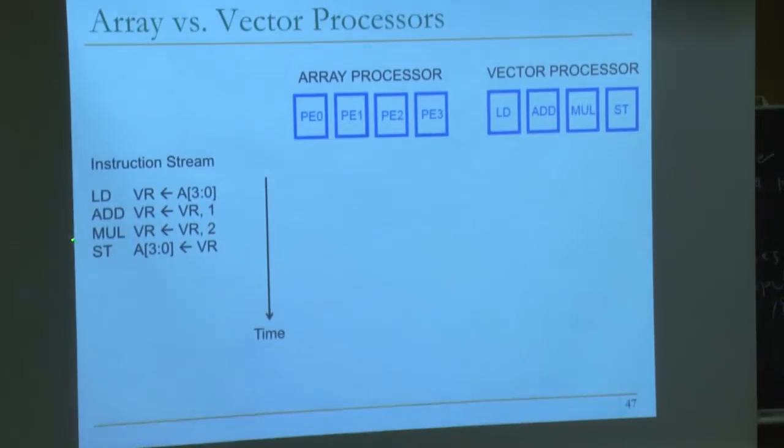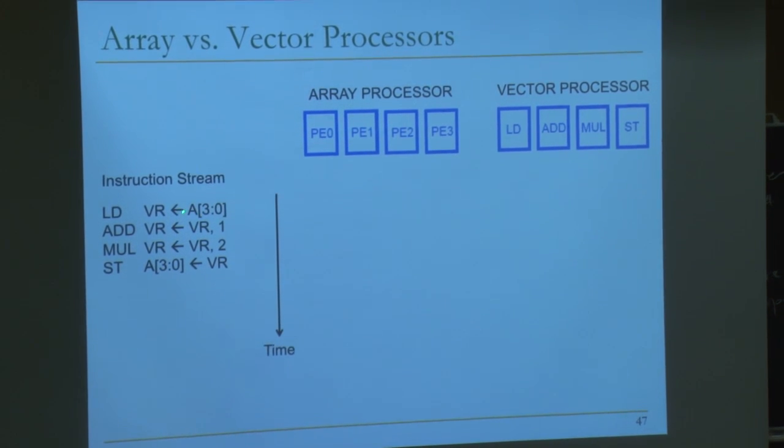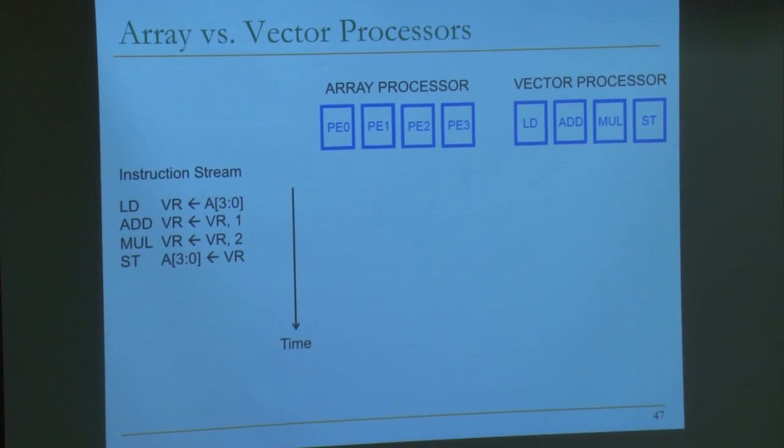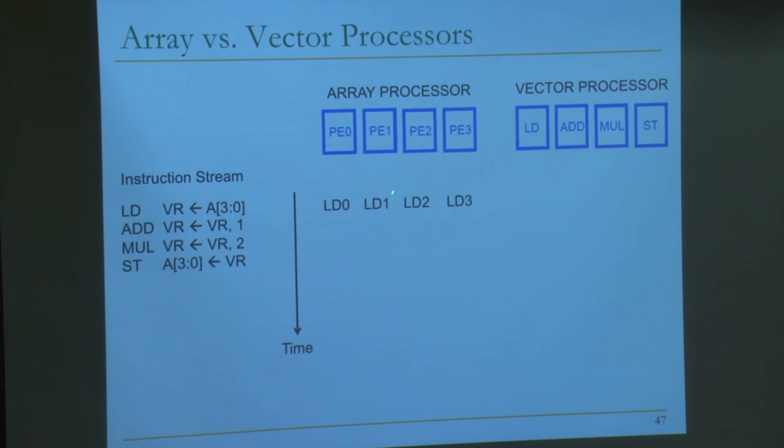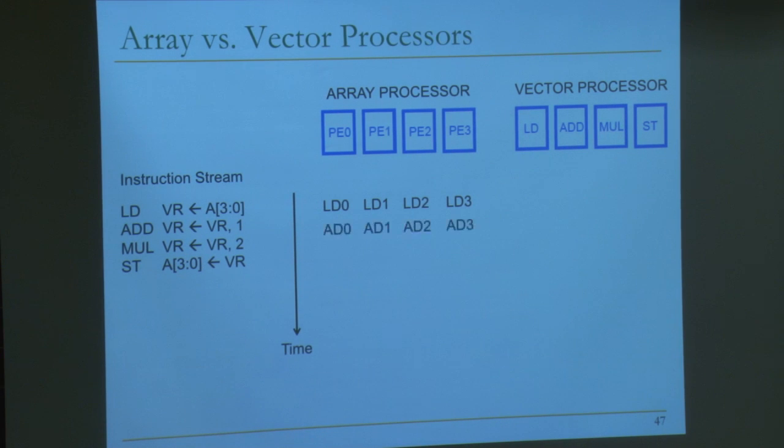Well, basically, the first load is you're doing a load on all of the elements at the same time, right? Load of the first element, load of the second element, load of the third element, fourth element. They're all in parallel. Next cycle, add 1 to the result. Next cycle, multiply the result by 2. Next cycle, store the result into the array again. Done. Right?